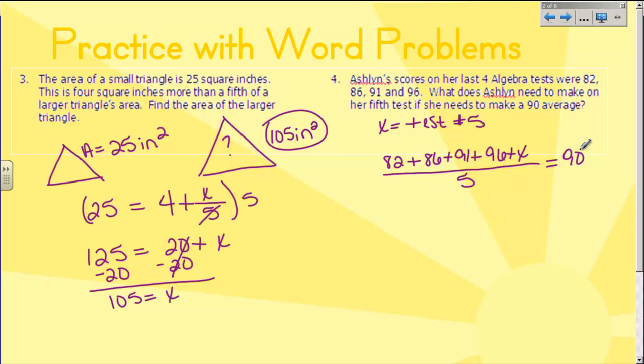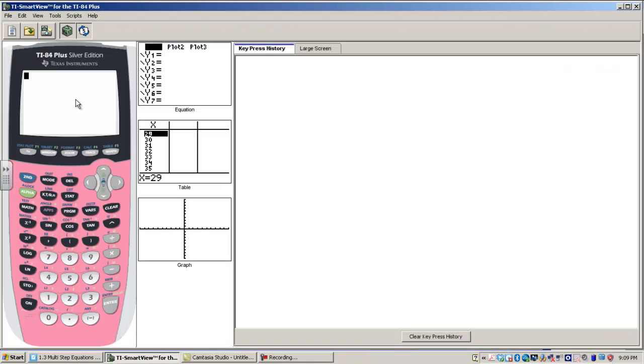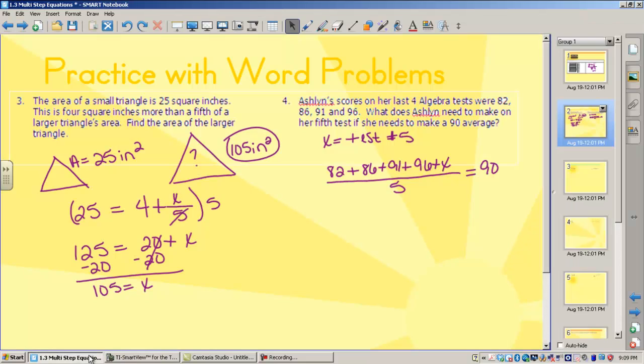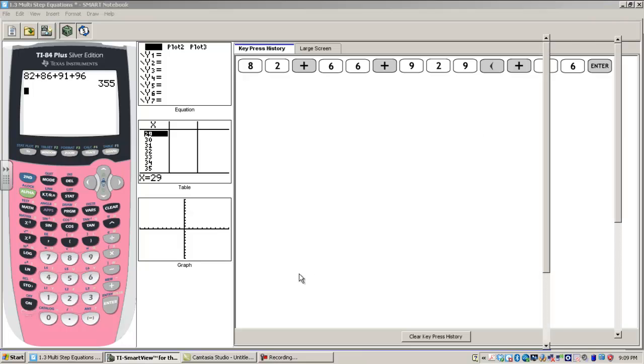She wants an A. So, step 1 is I'm going to add all this stuff together. So I'm going to grab my handy dandy calculator, and I'm going to add this 82 plus 86 plus 91 plus 96, which equals 355.